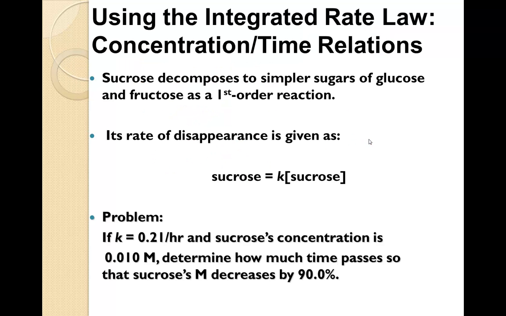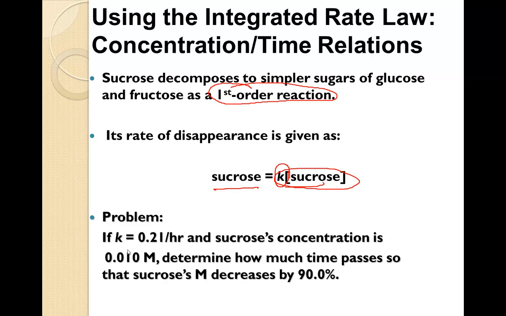Sucrose decomposes into simpler sugars of glucose and fructose as a first-order reaction. So that's the one with the natural log in it. Its rate of disappearance is given as the rate of sucrose is equal to the rate constant times the concentration of sucrose.